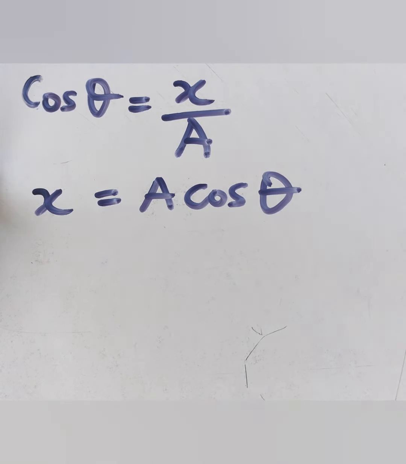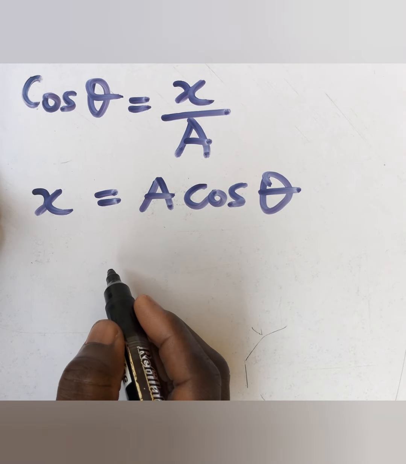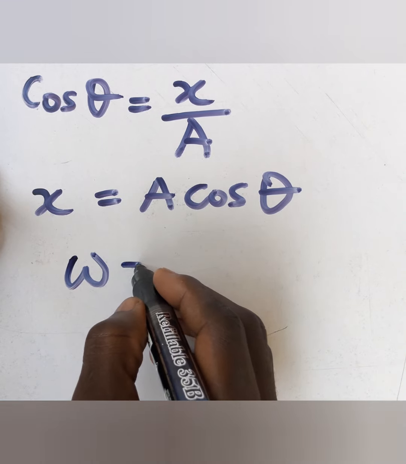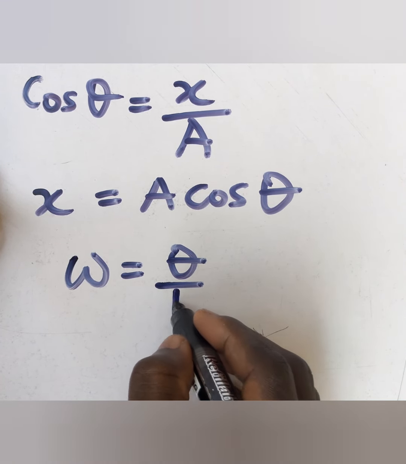From here, I can then do something. If you don't forget, I've already obtained a formula for theta before. My angular velocity is equal to angle turned divided by time.